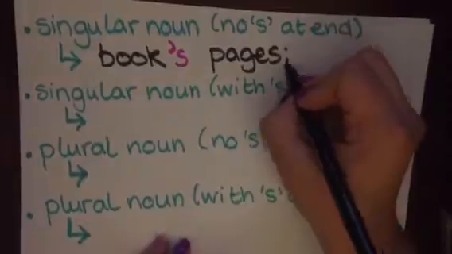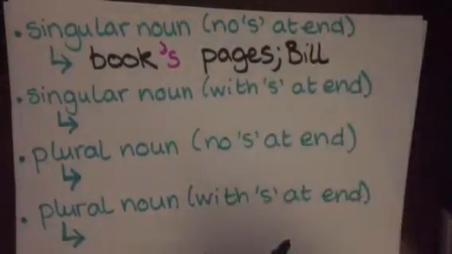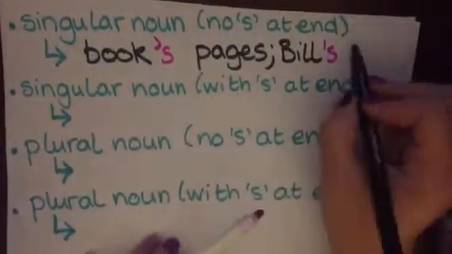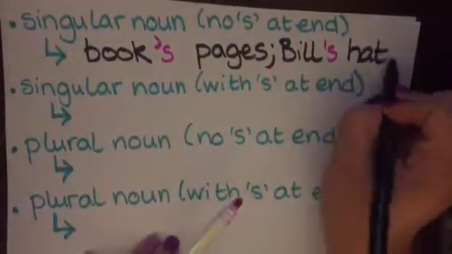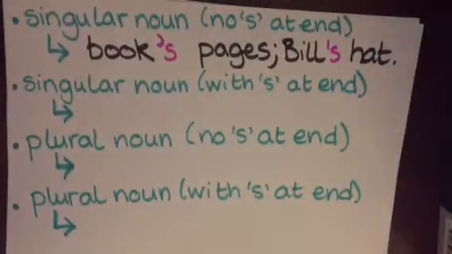Let's show another one. Bill, that's one person, singular. Bill's hat. Who does the hat belong to? Bill. So we just add an apostrophe S.